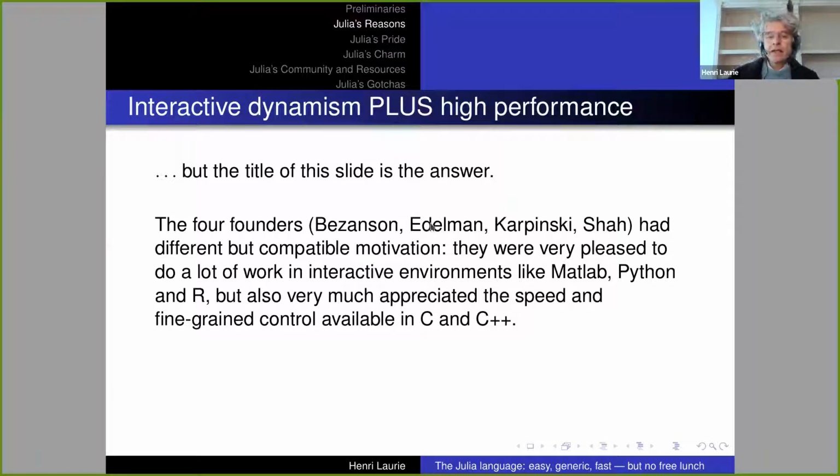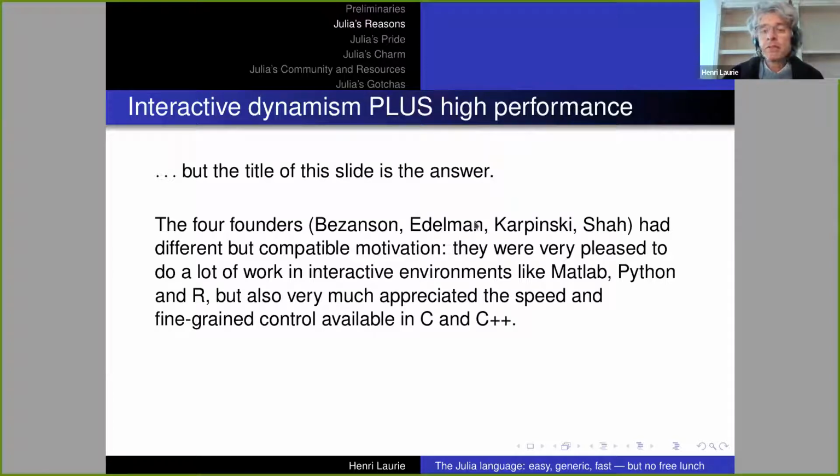And they had slightly different motivations. Bezanson had played with parsers and lexers and trying to write computer languages. Edelman was a very well-regarded researcher in supercomputing and linear algebra, and had developed a way of parallelizing MATLAB.